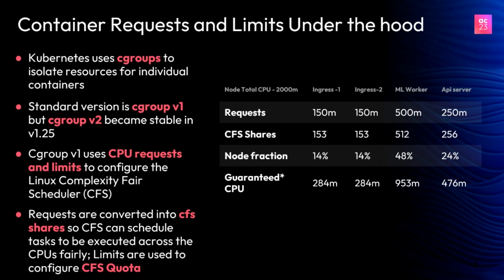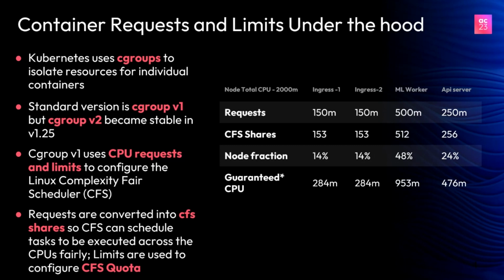Now with respect to Linux, there are two versions of cgroup: cgroup v1 and v2. Off late, with Kubernetes version 1.25, cgroup v2 has become stable, but it has still not been rolled out in all the commercial big clouds.